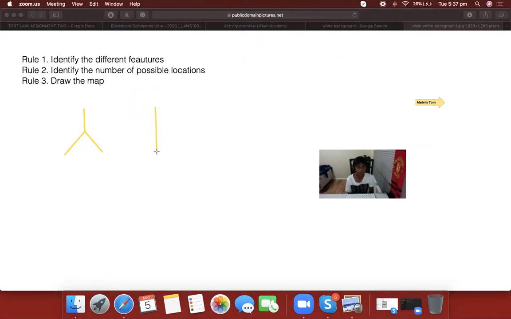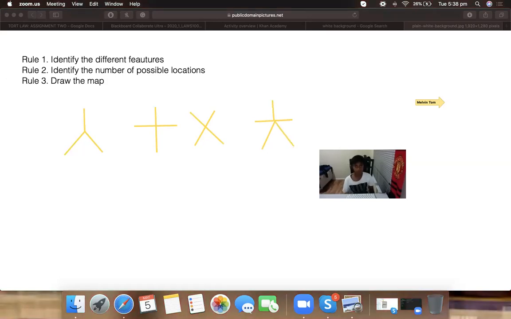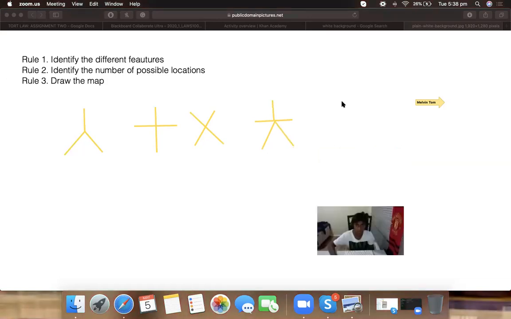What's the next map, Aiden? It's 4-sided, and it's like a cross. Next, it's like a multiply sign, a 4-sided multiplication sign. Next, it's like a stick man without a face, 4-sided. Next, Aiden. 6-sided.